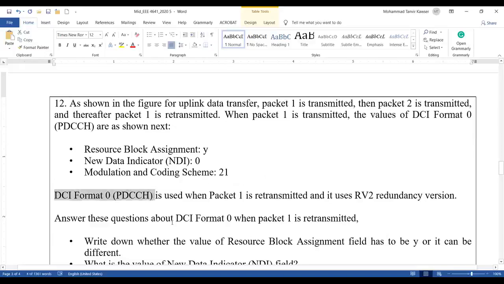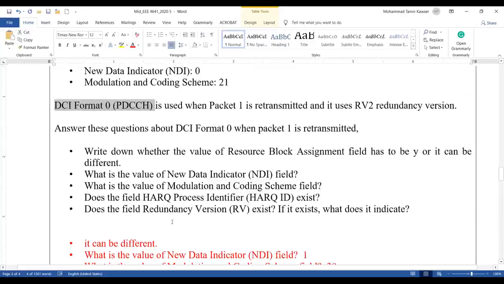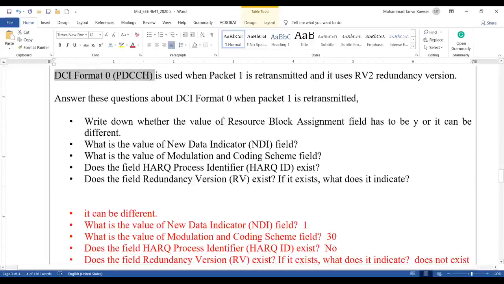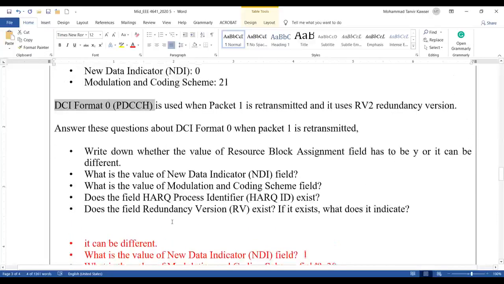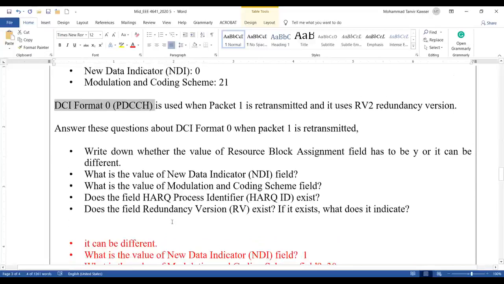When you use PDCCH, you can change the resource blocks, or you can change the redundancy versions. These two things you can change. But the modulation order you cannot change.